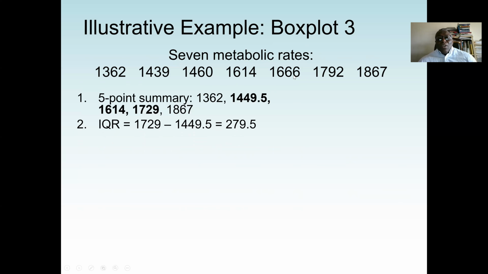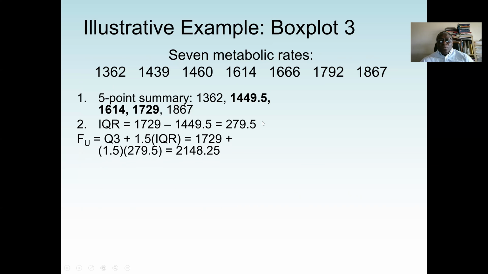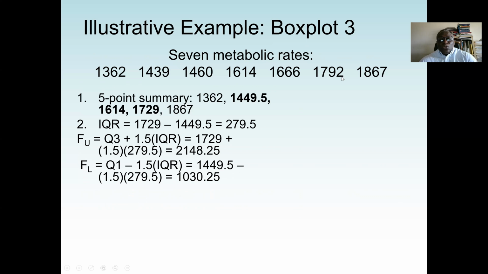So now we have our 5-point summary. Next we find the IQR, which is Q3, 1729, minus Q1, 1449.5. That gives us 279.5. Then if I know the IQR, I can find the upper fence and lower fence. The upper fence will be Q3 plus 1.5 times IQR.